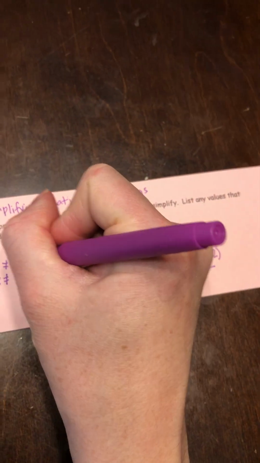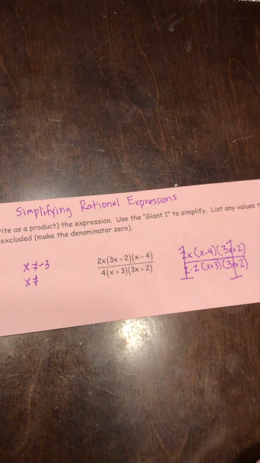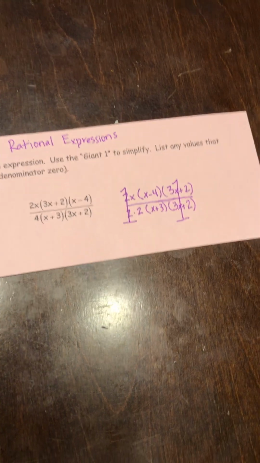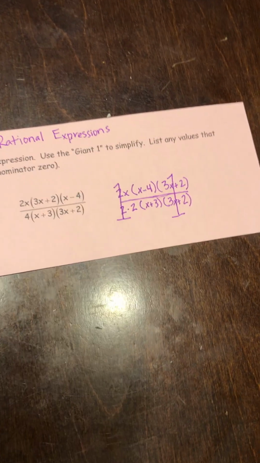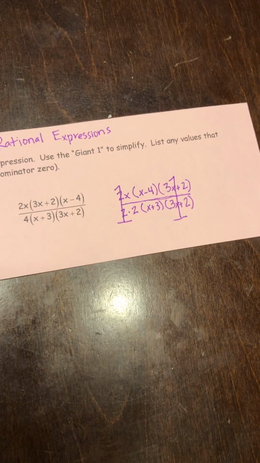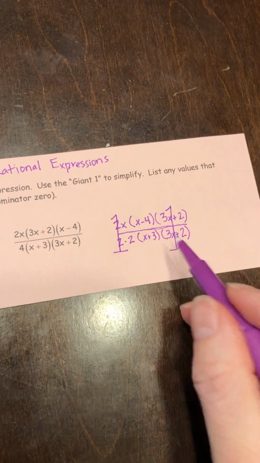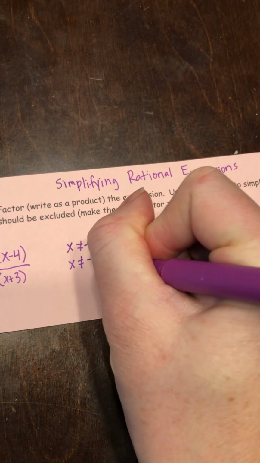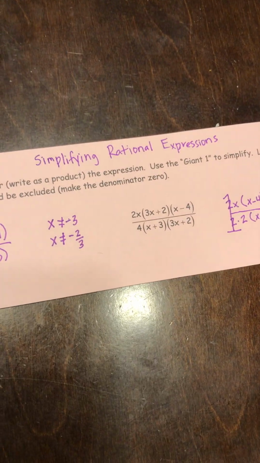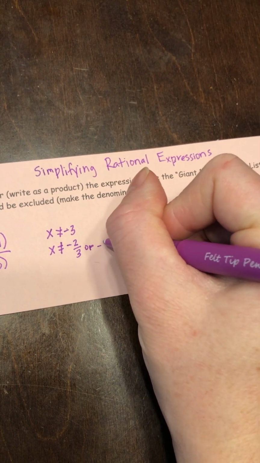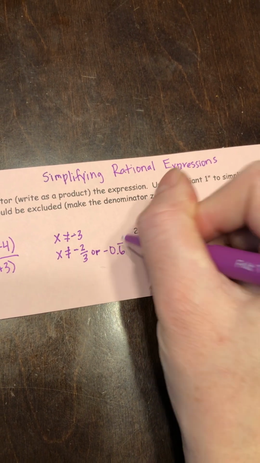So x can't be -3 because I'm not allowed to plug in -3 into this one. And then this one right here is a decimal number. We'll talk more in class about how to get those decimal ones because they're kind of tricky. But what I end up getting here is -2/3. I can't plug that in right there. Or if you prefer it as a decimal, -0.6 repeating.